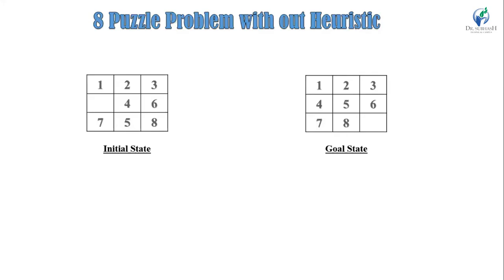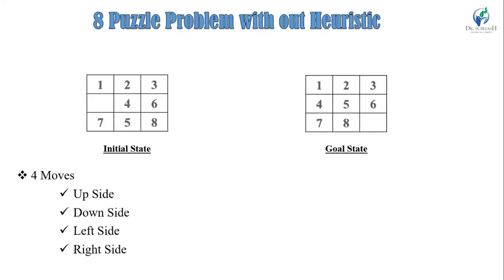We have only one blank space or empty space in the initial state, so we can apply a legal move on this empty space. So what is a legal move? That means we can transfer the empty space left side, right side, upside or downside.